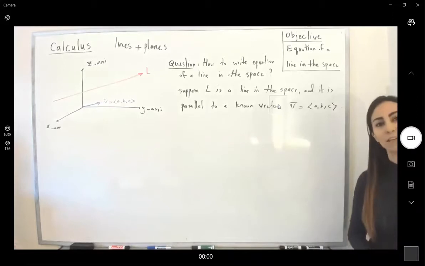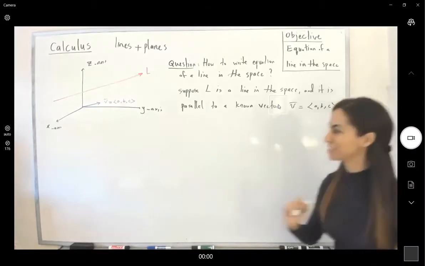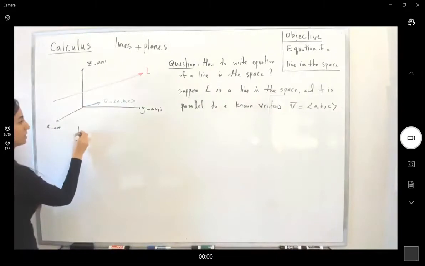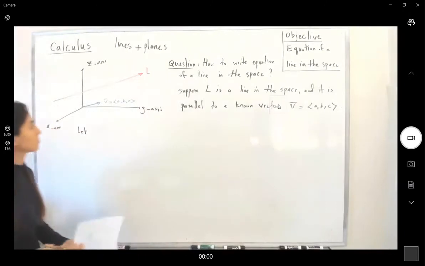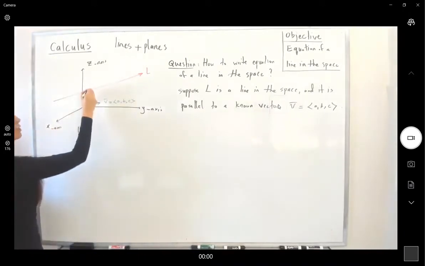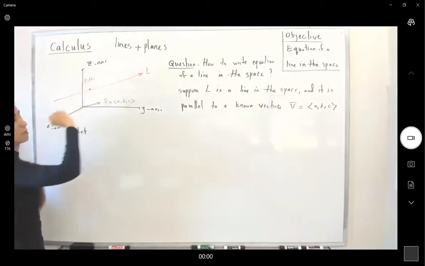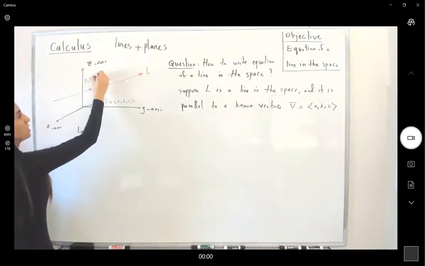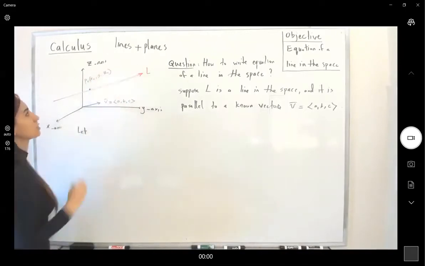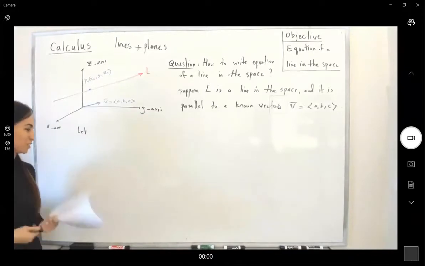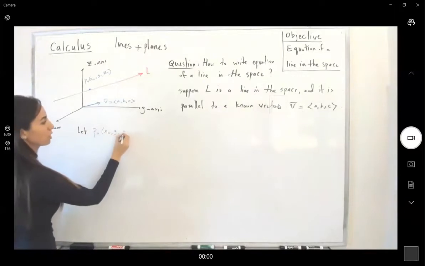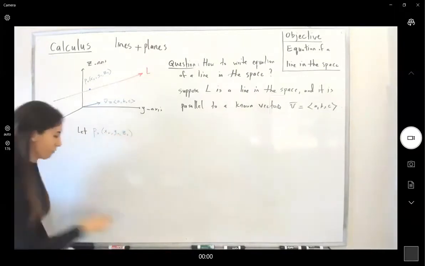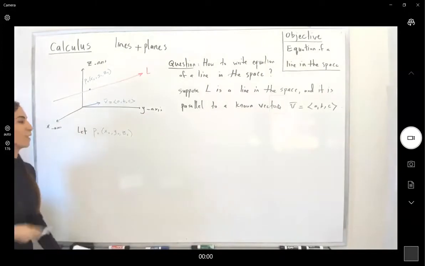We're going to take 1 point on the line. Let P sub 0 with coordinates x sub 0, y sub 0, z sub 0 be 1 point on the line.